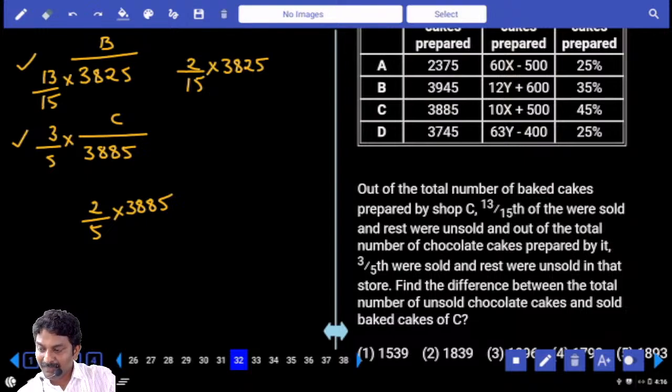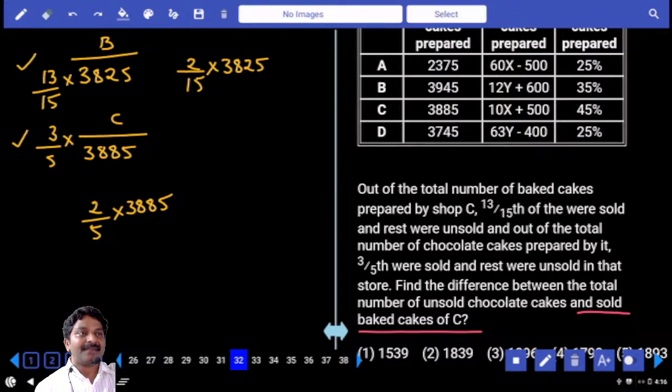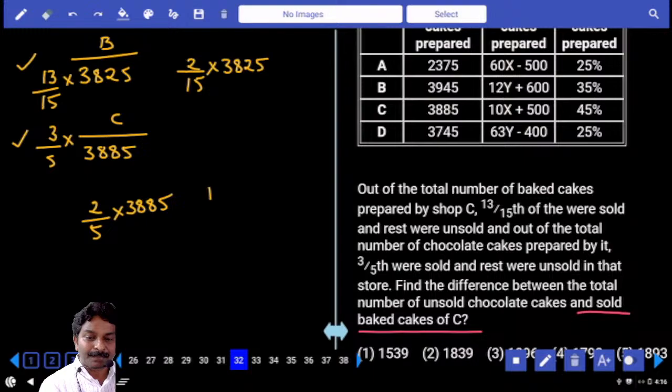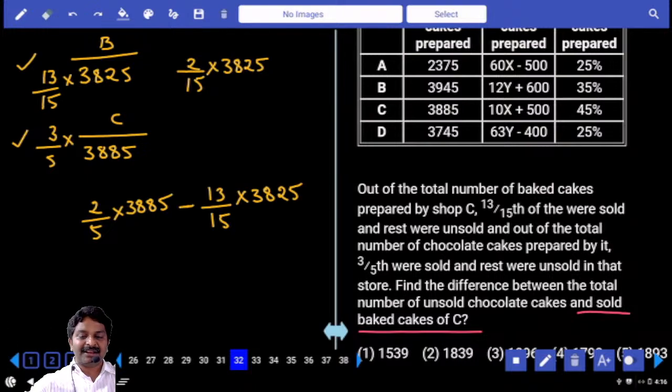And then sold baked cakes of C. Out of baked cakes, sold items are 13/15 of 3825. We were asked to calculate the difference between these two numbers. Agreed or not?